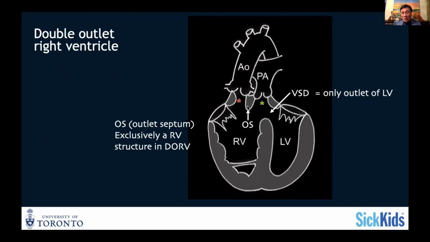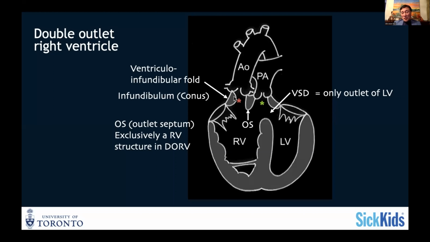One thing very important to recognize is that the outlet septum is now exclusively a right ventricular structure when there is double outlet right ventricle. And then frequently between the semilunar valve and tricuspid valve, there is a muscle, and that is called the ventricular infundibular fold. If we have a ventricular infundibular fold, the aortic outflow tract is a muscular infundibulum.